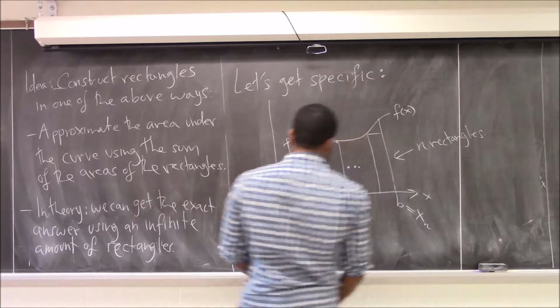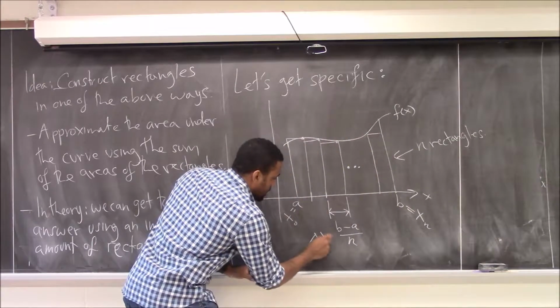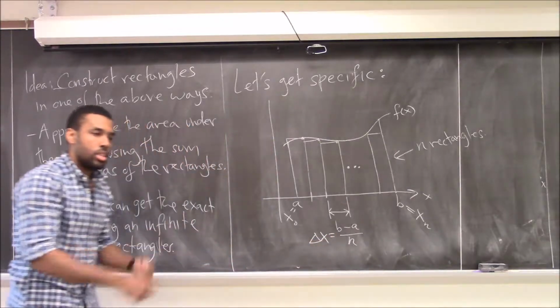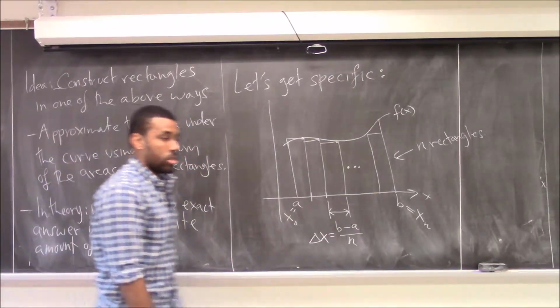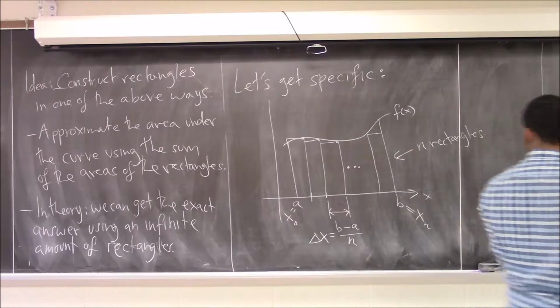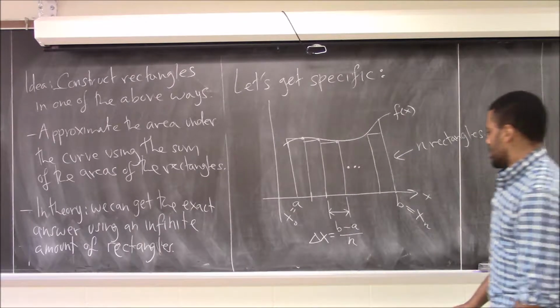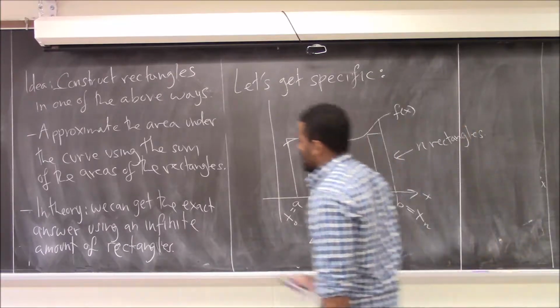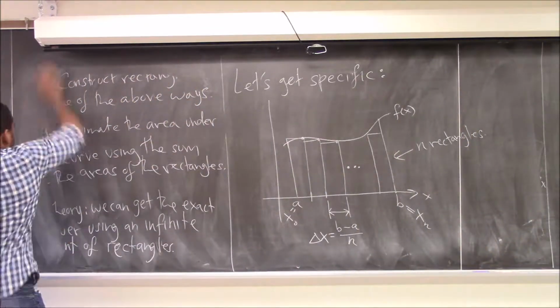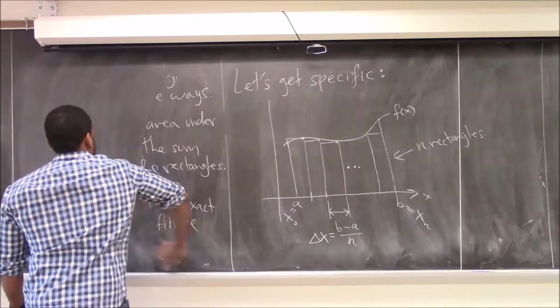The notation for this is what we call delta x, or the change in successive x values. And with that, we can do the formulas now.